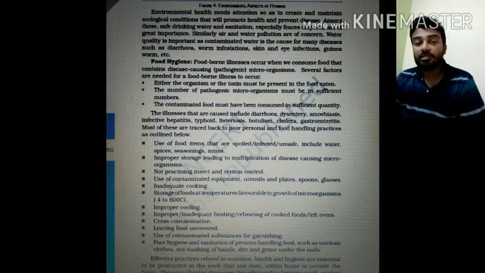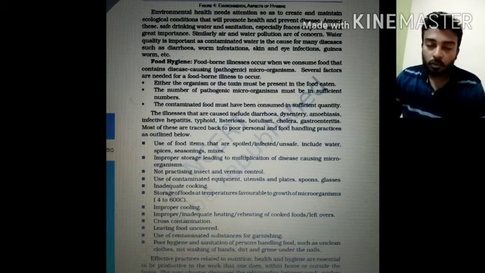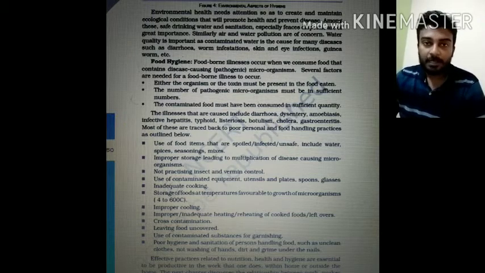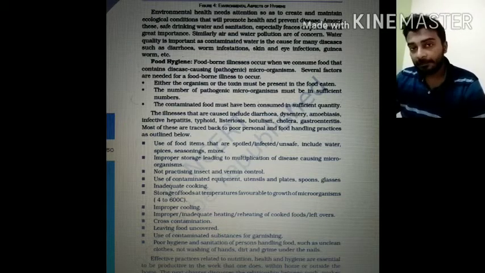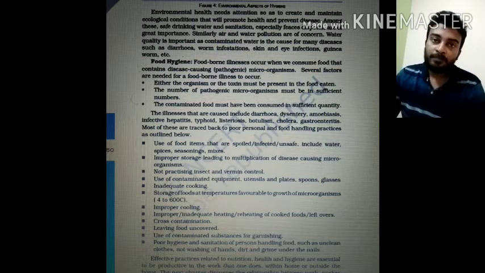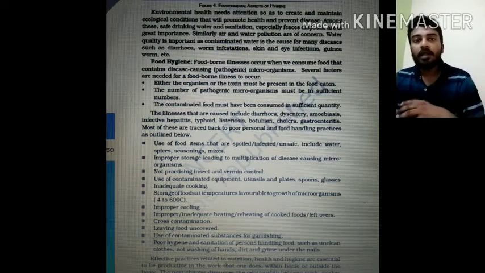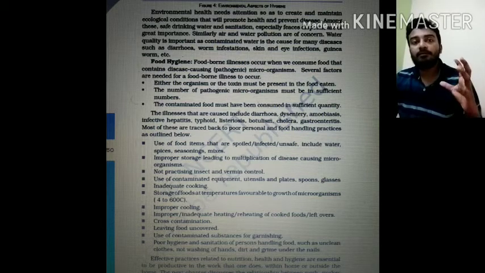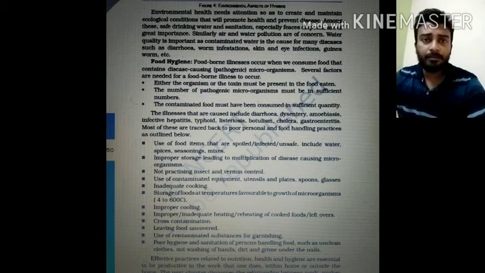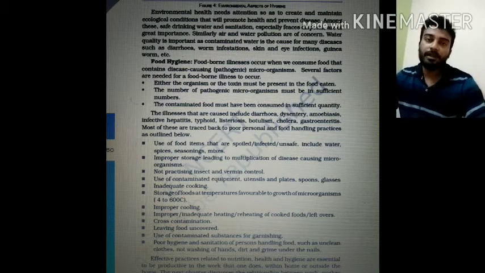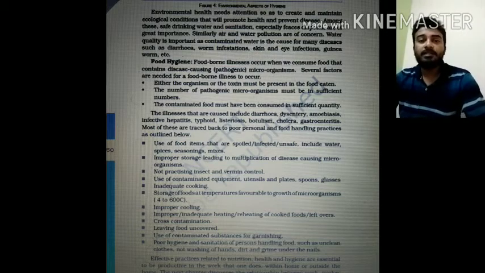Improper storage means, suppose you don't store your food in a proper place, that means you have made that food unsafe to eat, because the microorganisms have already started growing in that food and making colonies, and if you now consume that food, then particular diseases will occur.